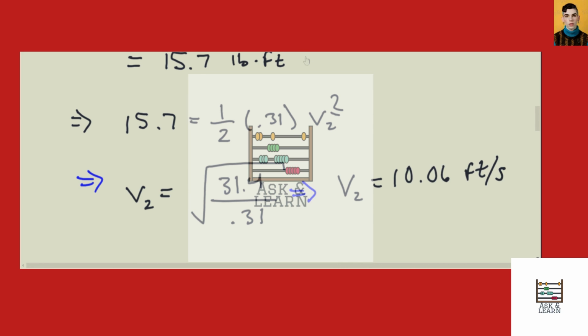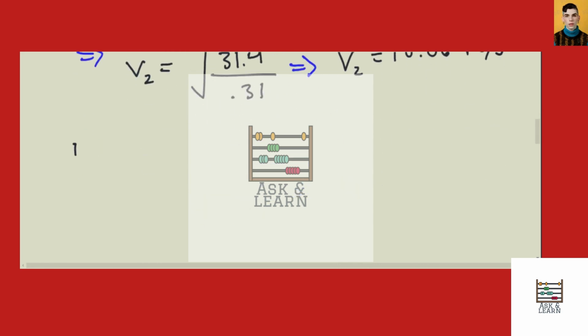And now finally, since we have velocity, we can plug this back into our power equation. So power is equal to the force, 25, times the velocity we just found, 10.06, times cosine of the angle between them, which is cosine of 60.